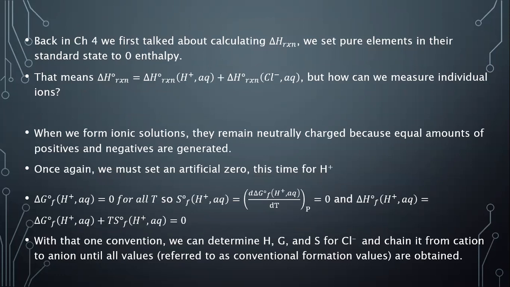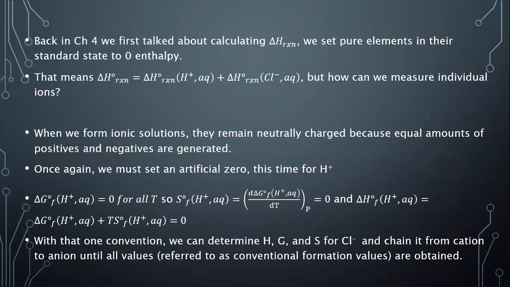But the problem is, once again, we cannot measure an individual ion by itself. We can't measure one without the other, because you always have a cation and an anion. Same way as we couldn't measure an absolute enthalpy because there was no 0 point, you have to measure something based on something else. Can't measure an ion without another ion.